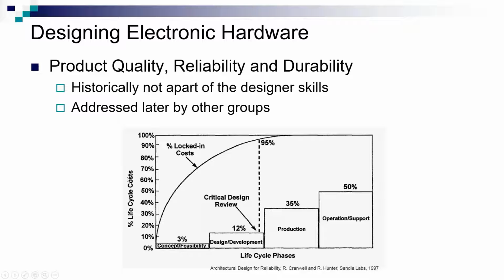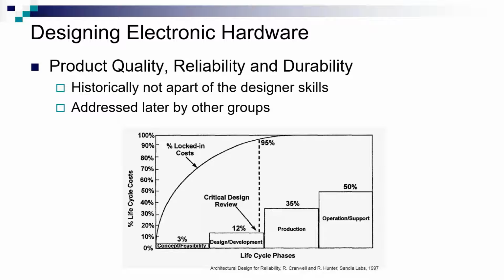What they're really saying is that if you look at product quality, reliability, and durability early in the design phase, the cost of that work in your designs is much less than if you do it in the assembly or production phase, or once the device gets out into the field.